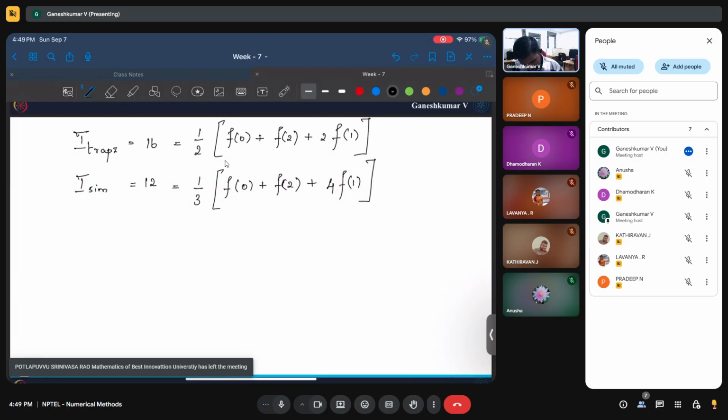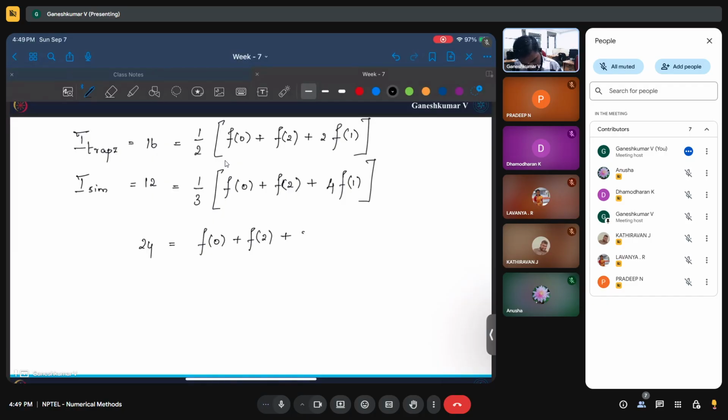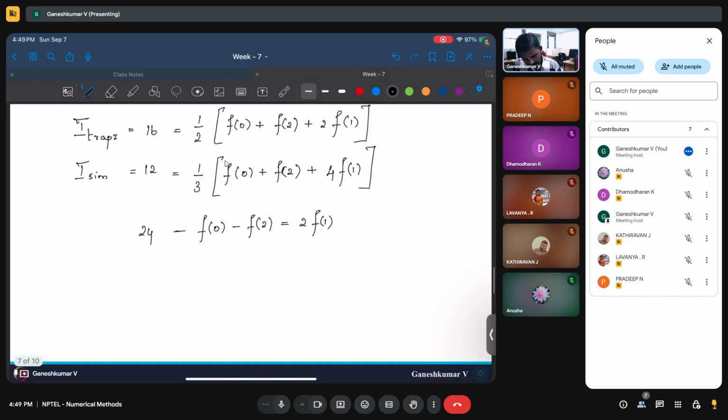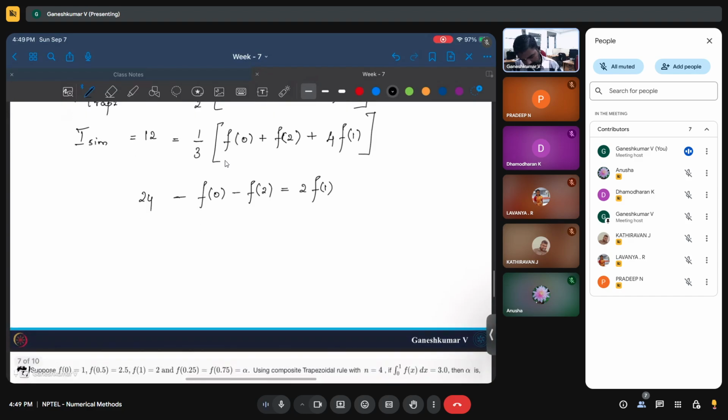You can write 24 is equal to f of 0 plus f of 2 plus 2 f of 1, and the second equation is simply 36 is equal to f of 0 plus f of 2 plus 4 f of 1.